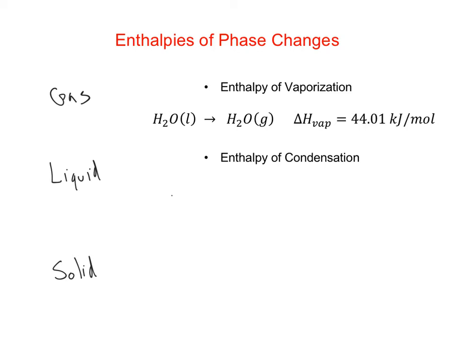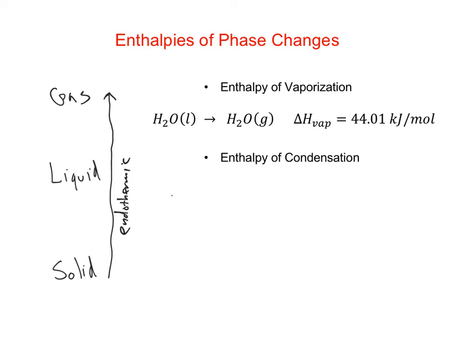Now, for all of our phase changes, there is an enthalpy associated with them. And when we're going in this direction, so when I'm going from a solid to a liquid, or a liquid to a gas, or a solid to a gas, all of those processes are endothermic. Right, we have to put energy in to make that happen. Think about boiling water, converting water from a liquid to a gas.